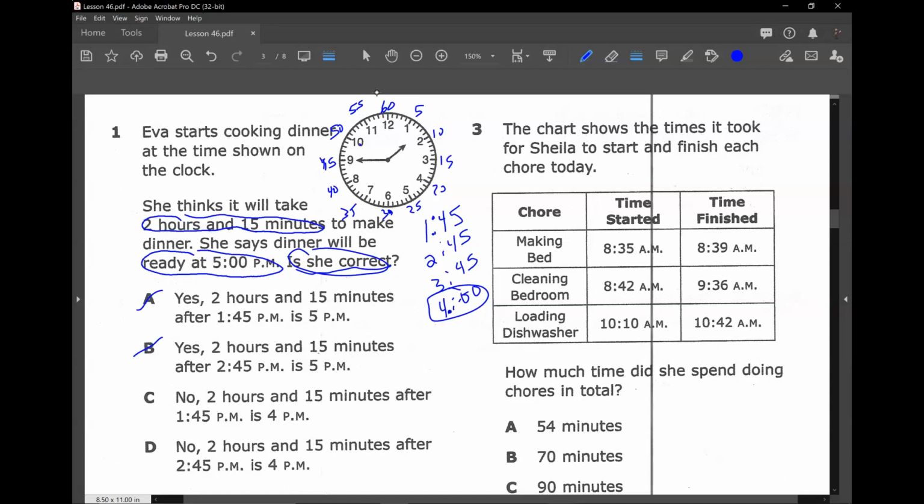Okay. So let's look at C. No. 2 hours and 15 minutes after 1:45 is 4 p.m. Maybe. Because that's what we got, right? 4 p.m. D. No. 2 hours and 15 minutes after 2:45 is 4 p.m. Well, it's 2 hours and 15 minutes after 2:45.